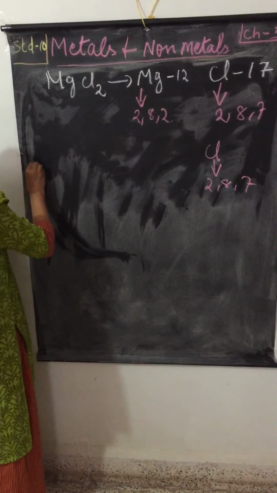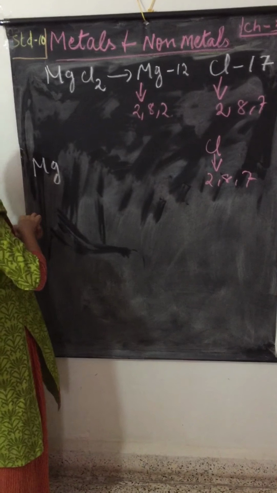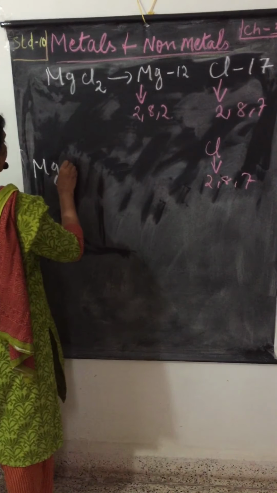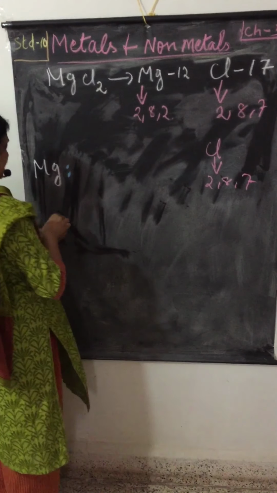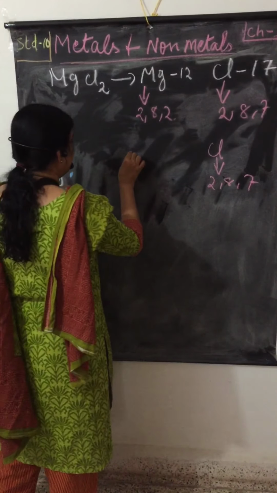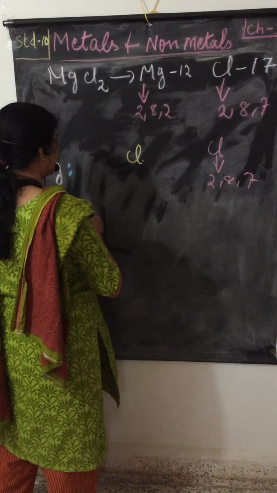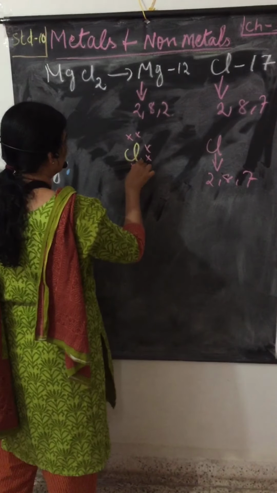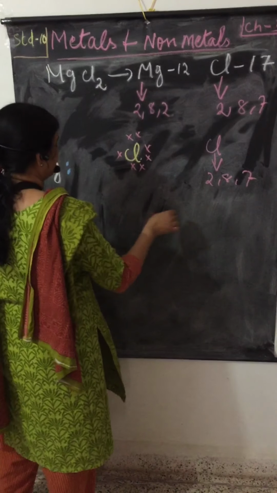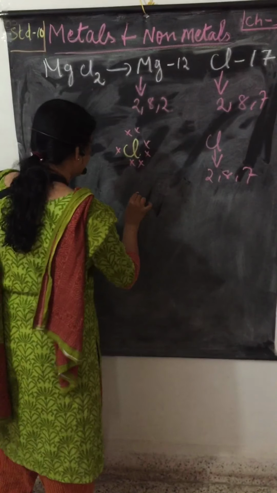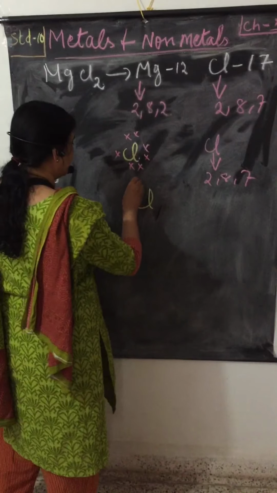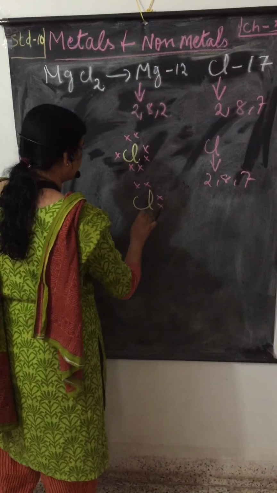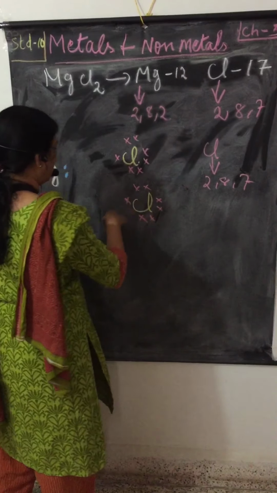Magnesium Mg has 2 excess electrons, and a chlorine atom has 7 electrons in its outermost orbit. Another chlorine again has 7 electrons in its outermost orbit.